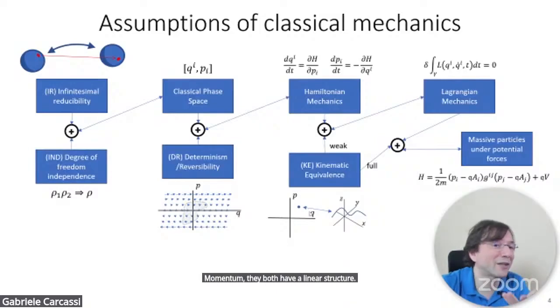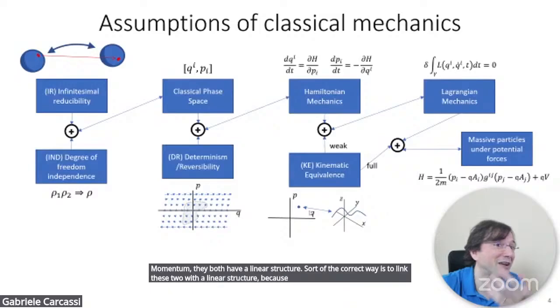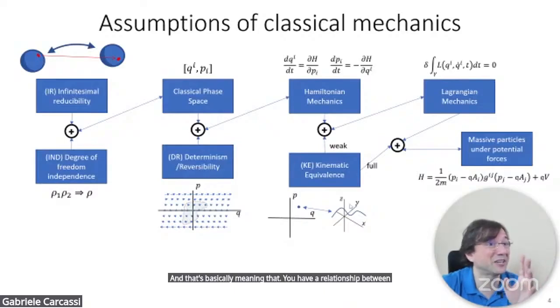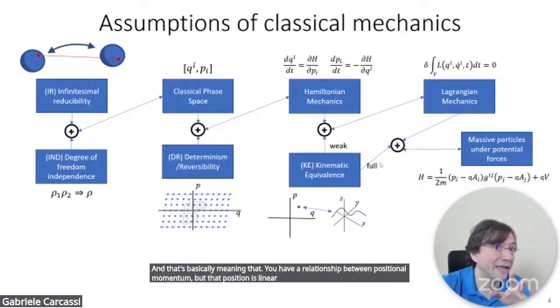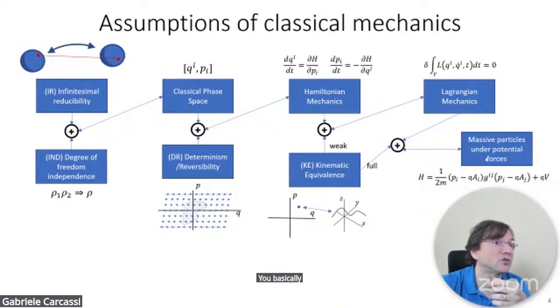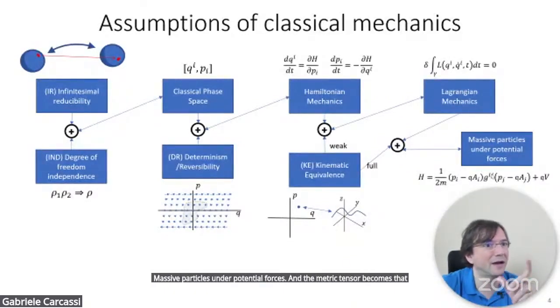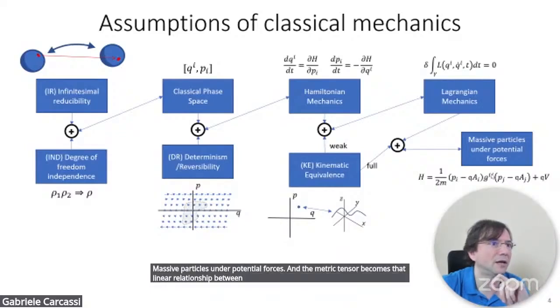So the correct way is to link these two with a linear structure, because they're both linear structure on the same quantity. And that's basically meaning that you have a relationship between position and momentum, but that position is linear. And once you have that, you basically constrain the system to be one with massive particles under potential forces. And the metric tensor becomes that linear relationship between position and momentum.